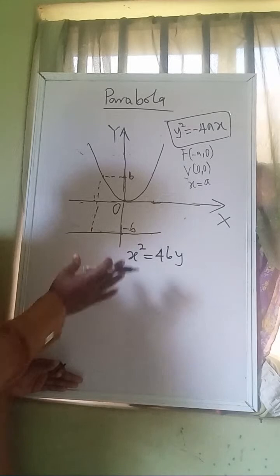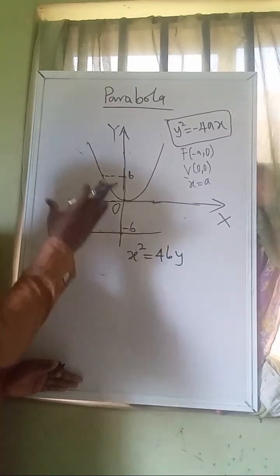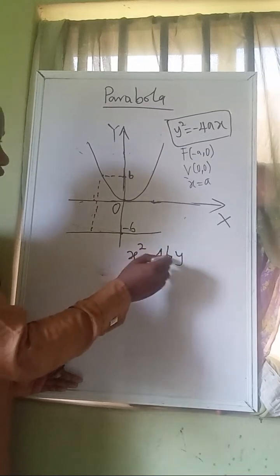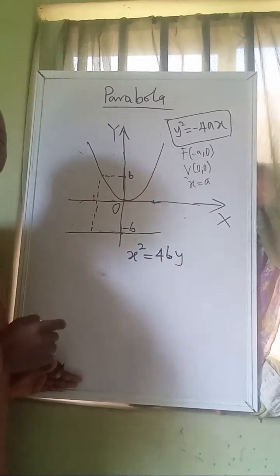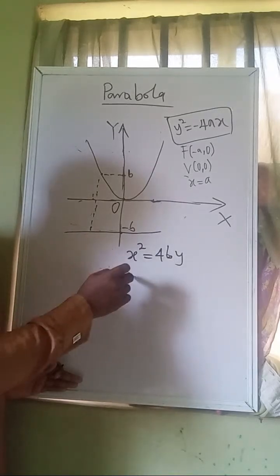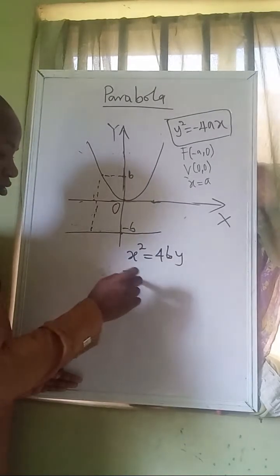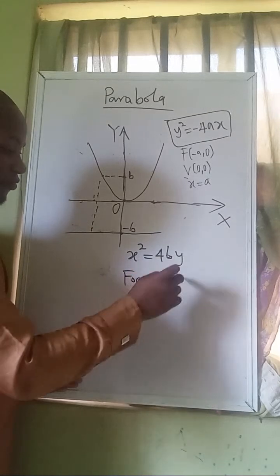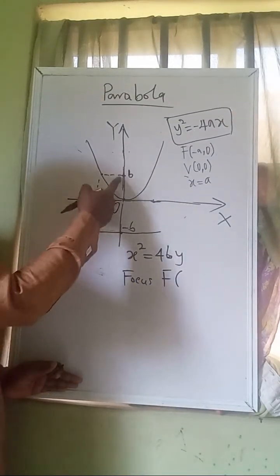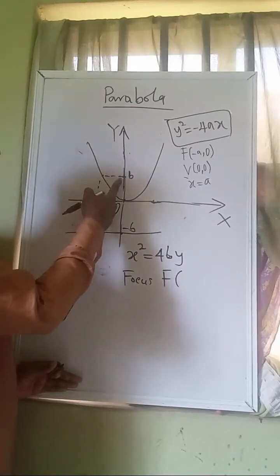This is so because x is not depending on y, and the point b here will now be the focus of this parabola. So the focus f is the coordinate, you see that in this case x is 0, while y is b.